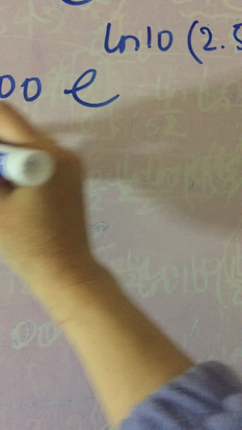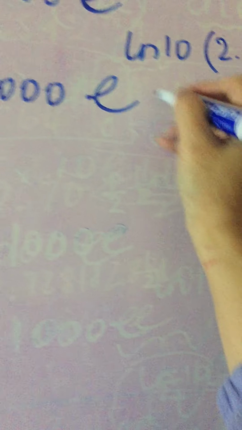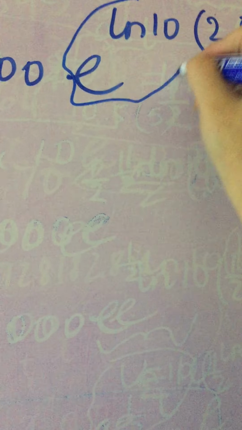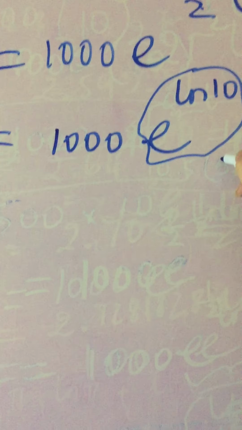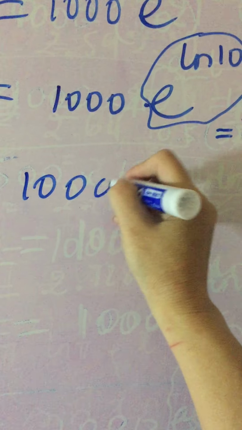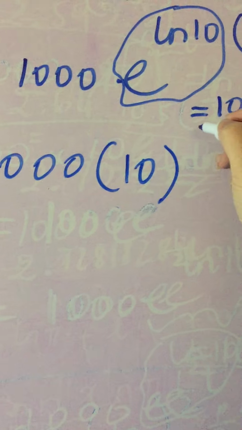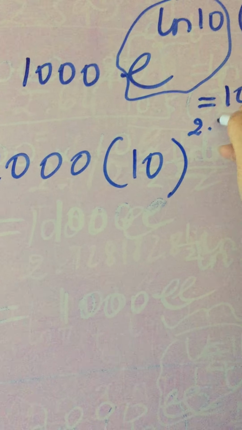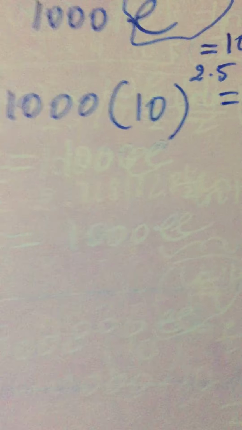Okay. Now, why do I do it like this? Because I know e to the ln 10 equals 10, if you use a calculator. So we can do 1000 times 10 to the power 2.5 and see how much you get. So that is the equation.